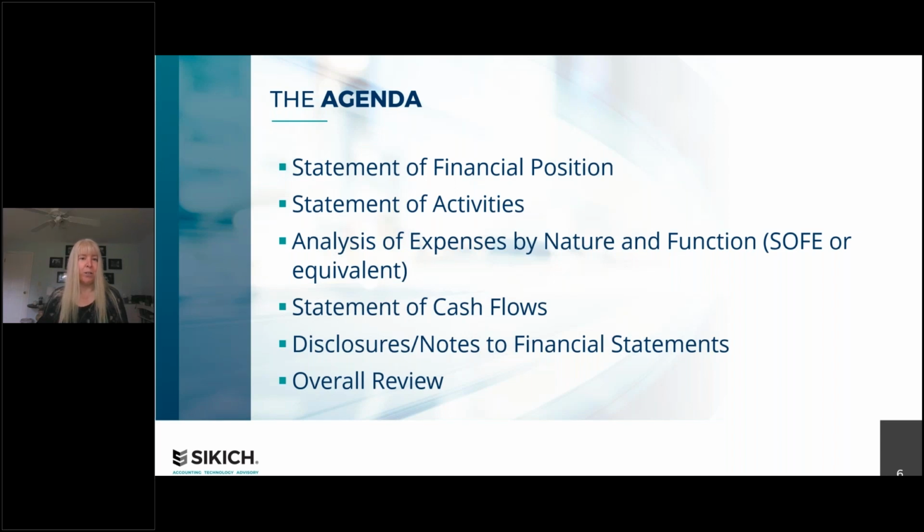I may refer to the analysis of expenses by nature and function as the statement of functional expenses. And I will also talk about some things on the statement of cash flows and the notes to the financial statements, as well as an overall review.